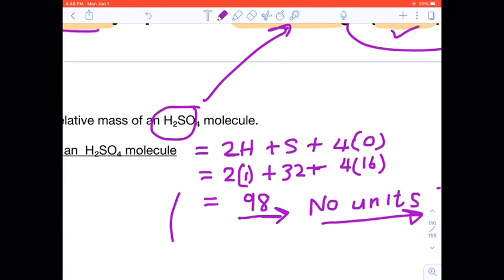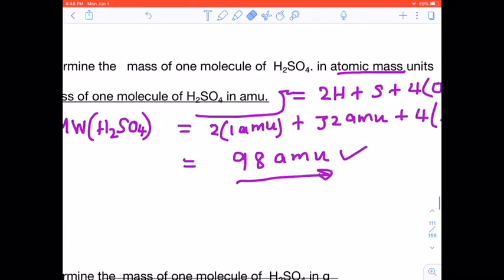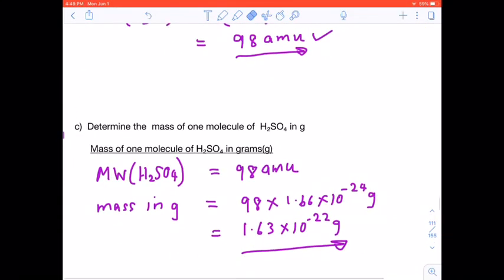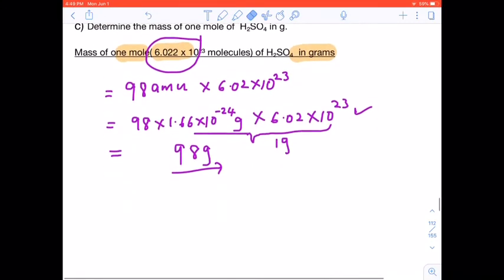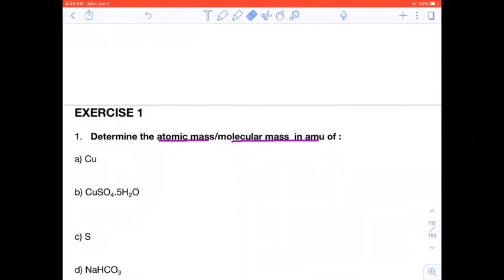So that would be equal to 63.5 AMU. That is its atomic mass.